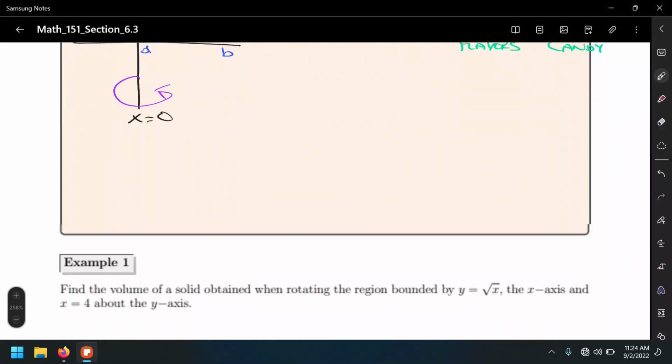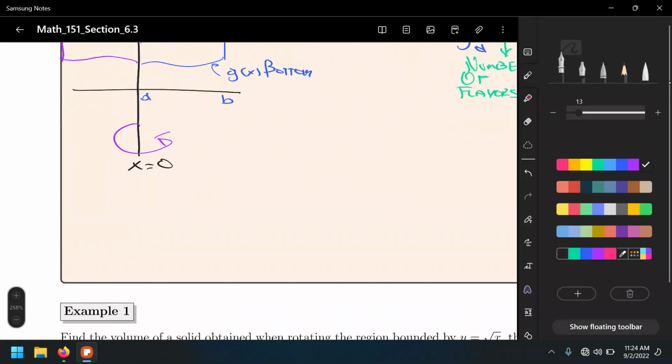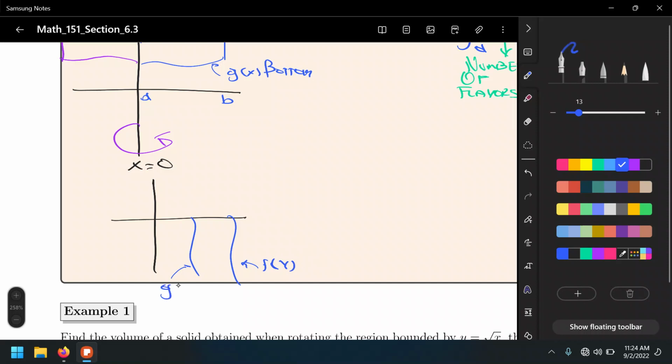In the meantime, let's do some of those. Let me discuss the vertical, I mean the other way around. This time I'm going to have this region where this is some f of y, and this is g of y, and the axis of rotation in this case is the x-axis.